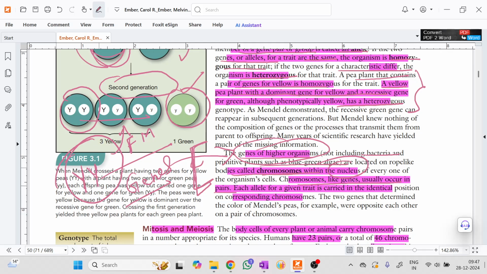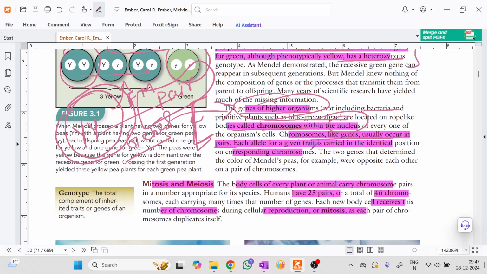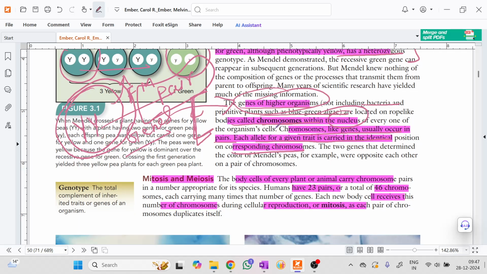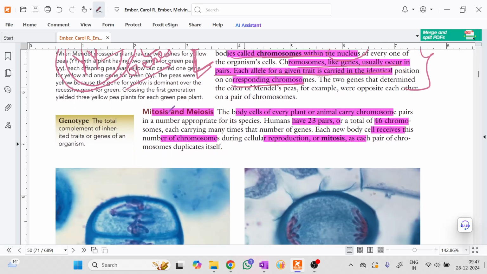So that's why our genes are in couples, in twos, or in pairs, and each allele for a given trait is carried in the identical position on the corresponding chromosome. This will be seen in a further chapter on genetics and evolution.